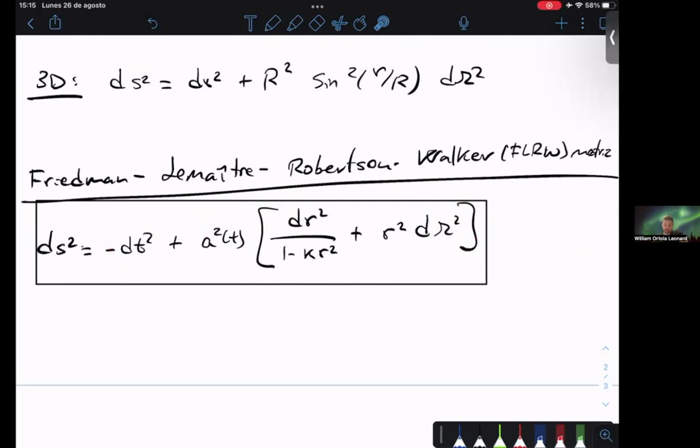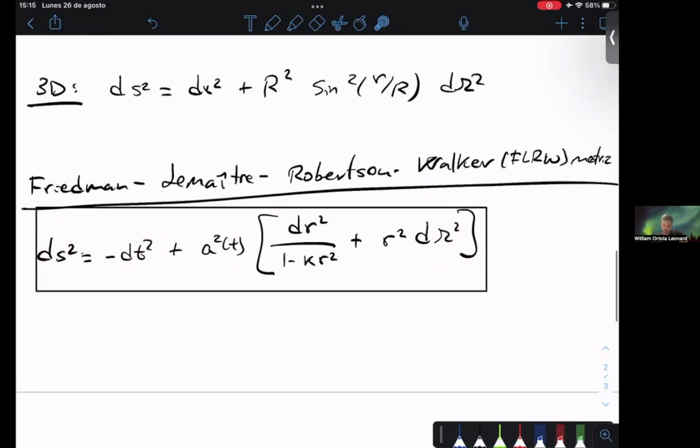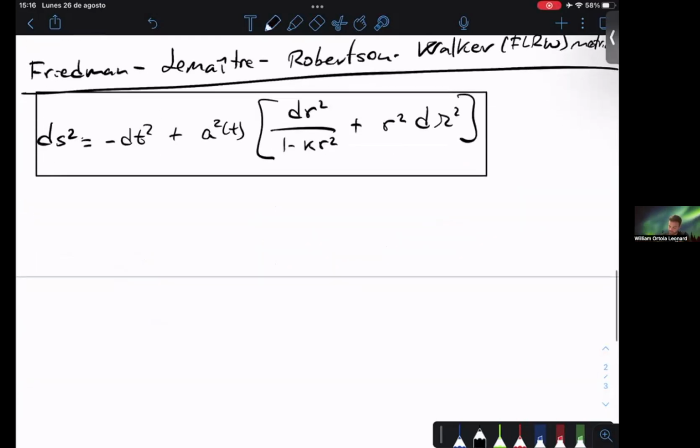Remember, this is all written in natural units, so it will have a c squared in front of it to make sure we have the right units everywhere. I'm calling this the time component since it has the dt squared, and this one is more specific about the dr squared. Anyways, let us derive this, okay?